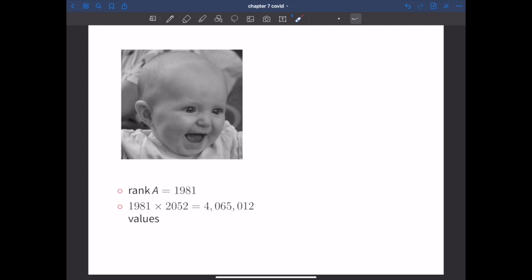All right, so we have our picture of Dottie here, and we can think of this picture as being made up out of a bunch of pixels. Some of them are lighter, some of them are darker, but together they make up the image that we see right here. We can also think of each of these pixels as being represented by a single number, where the number determines how light or how dark that pixel should be.